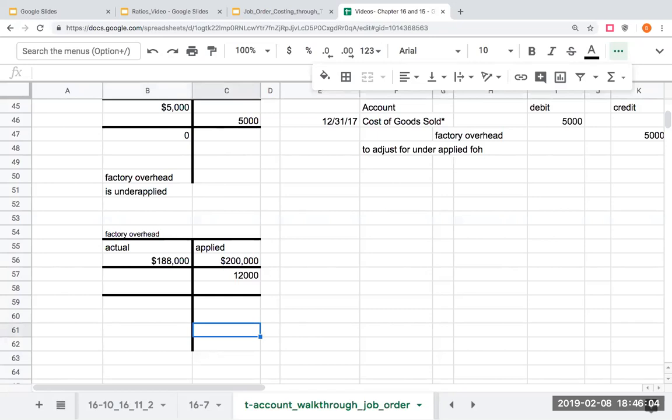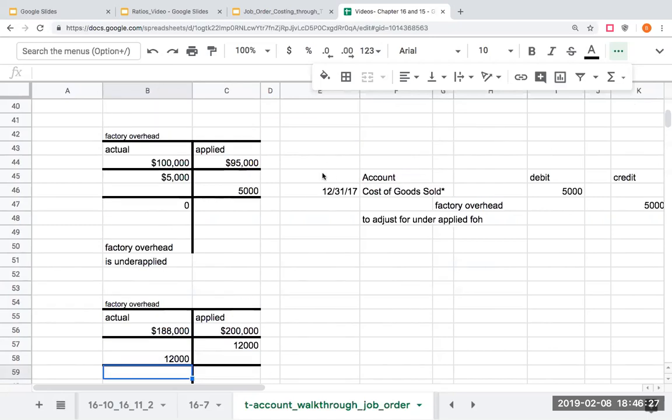So the factory overhead is over applied. Why do I know? The applied is greater than the actual. So I need to make factory overhead 0. So this here is going to be a $12,000 debit.